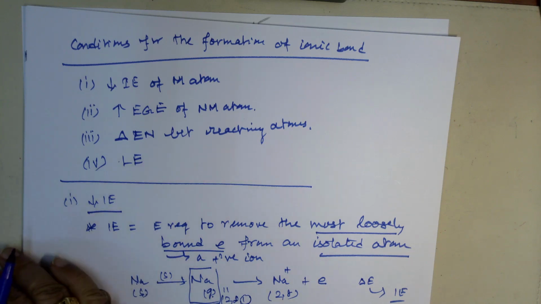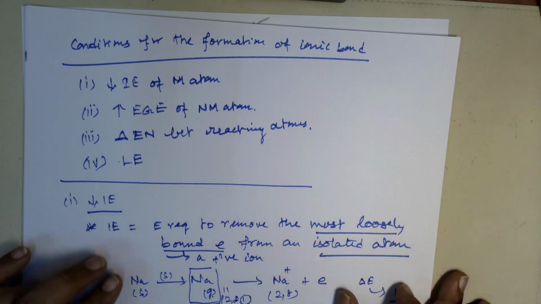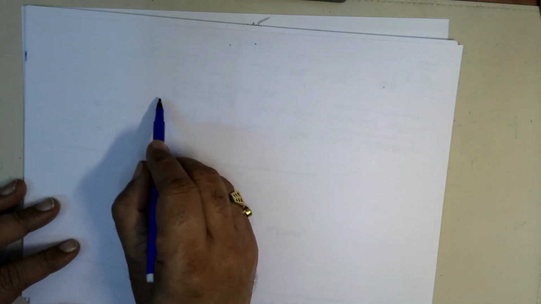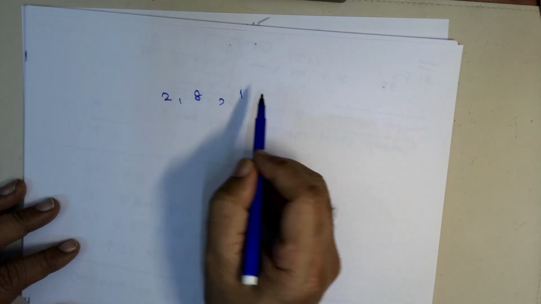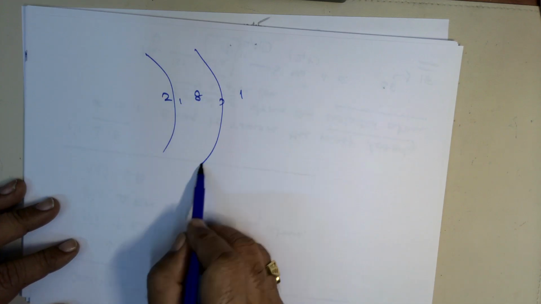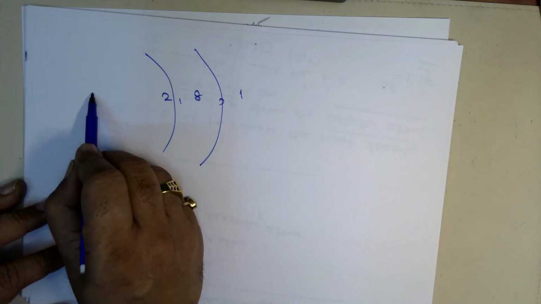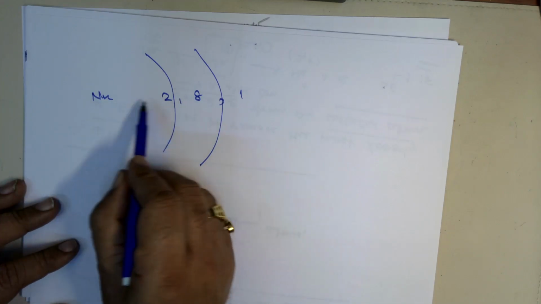So, what is ionization energy? It is the energy required to remove, for example, in sodium, which has 2, 8, and 1 electron, packed like this with the nucleus innermost.